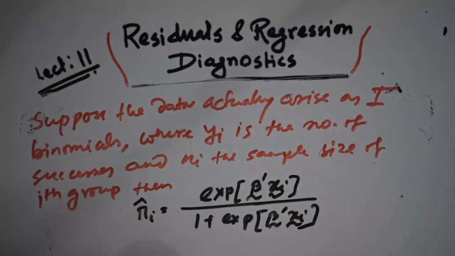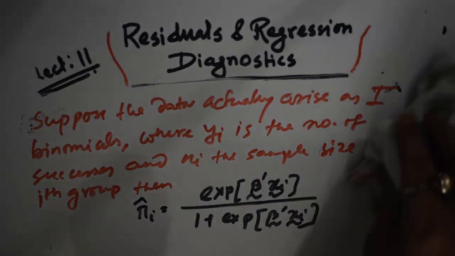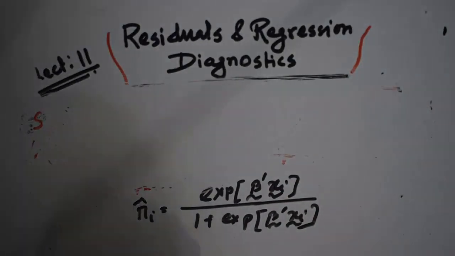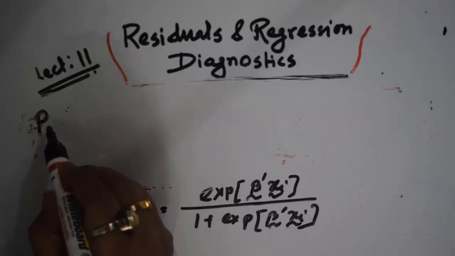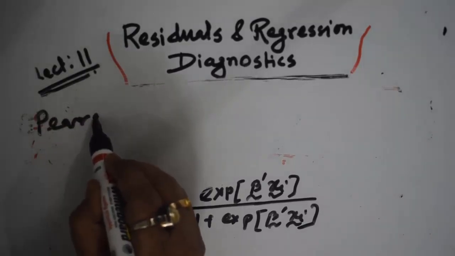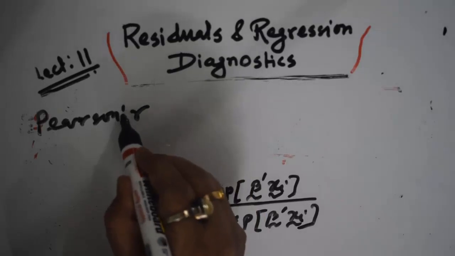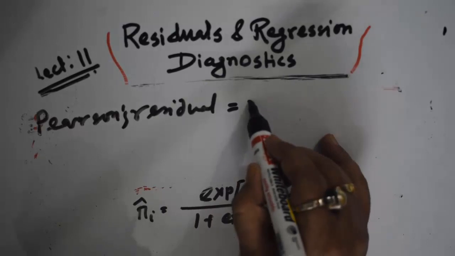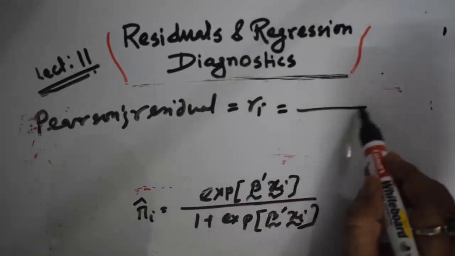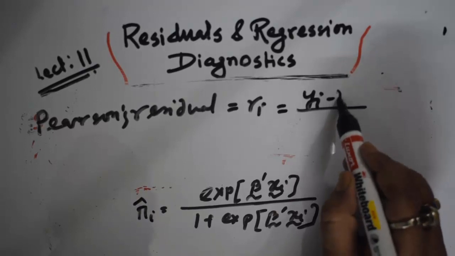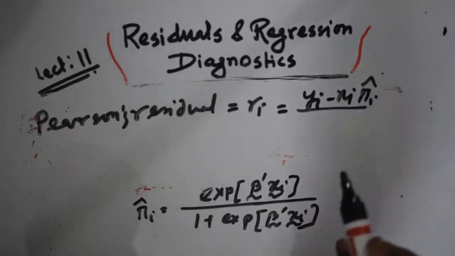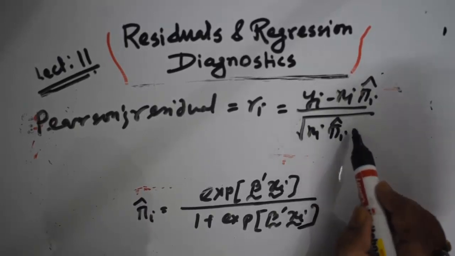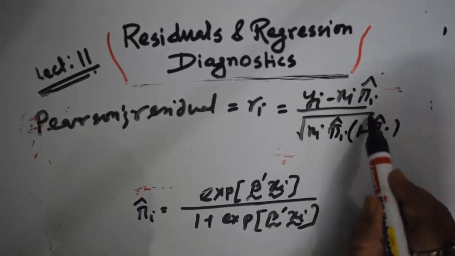Then the Pearson's residual equal to Ri equal to yi minus ni pi_i hat by root over ni pi_i hat (1 minus pi_i hat).